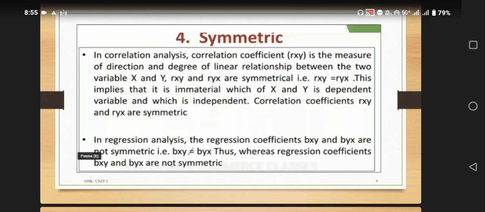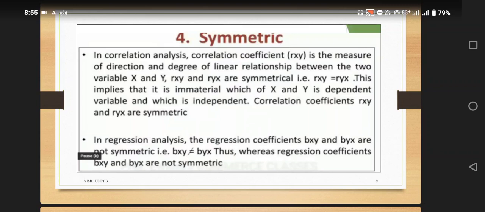Suppose Rxy and Ryx are symmetrical, meaning Rxy is equal to Ryx. This implies that it is immaterial which of x and y is dependent variable and which is independent. Correlation coefficients Rxy and Ryx are symmetric.